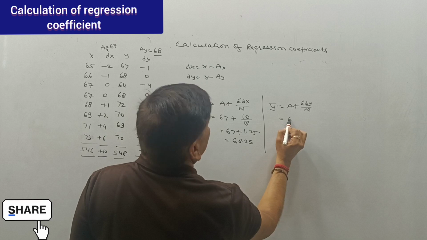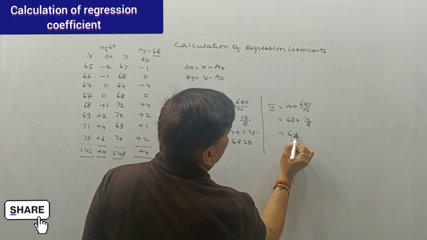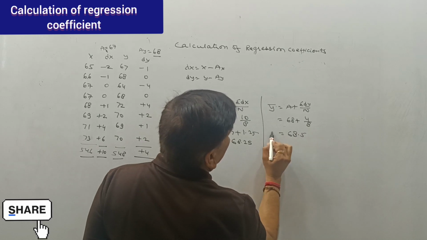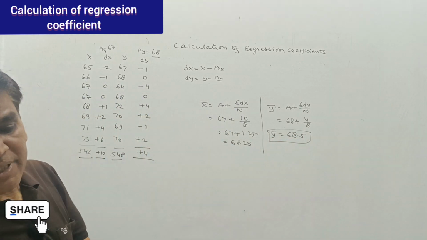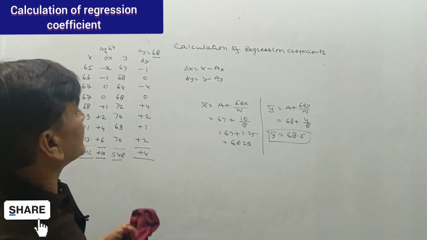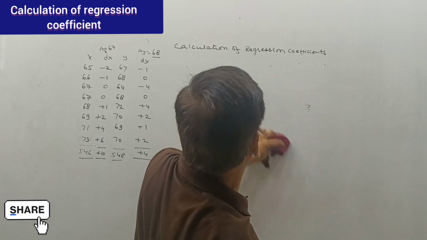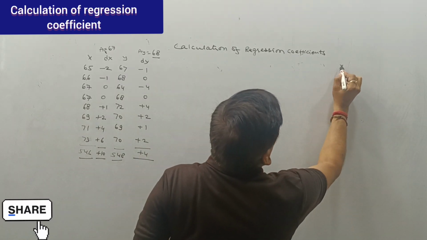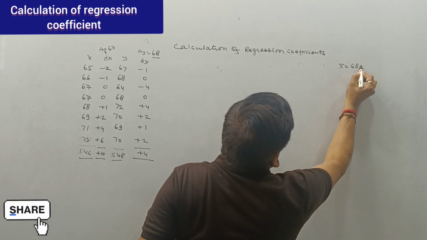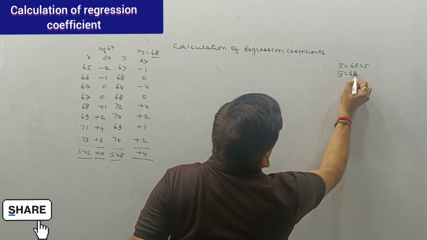The assumed mean is 68 plus 4 divided by 8, so 68.5. Already y bar was this. So it means our calculation of x bar and y bar is right. Now we write x bar is equal to 68.25 and y bar is equal to 68.5.